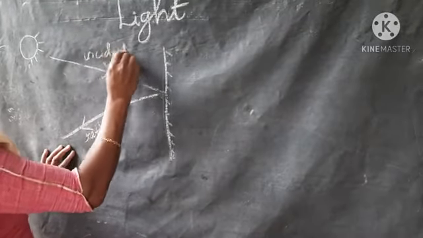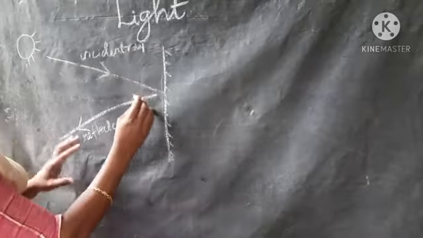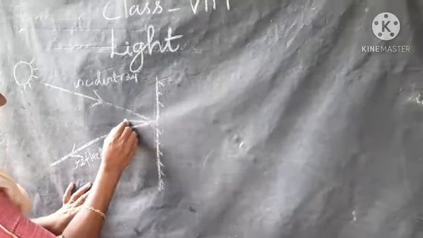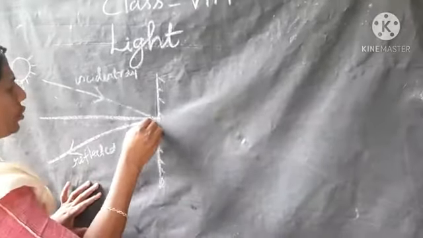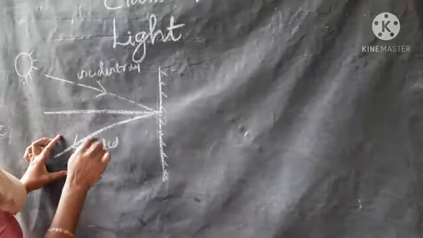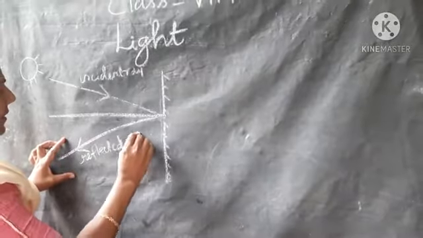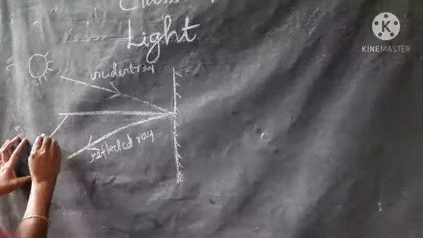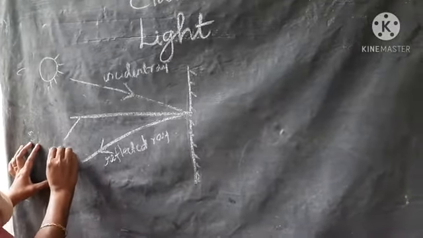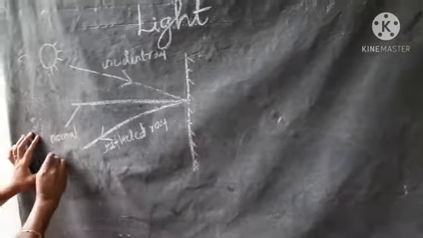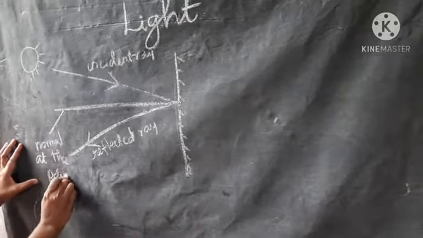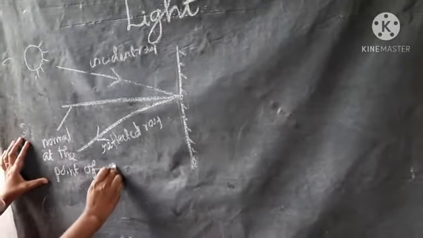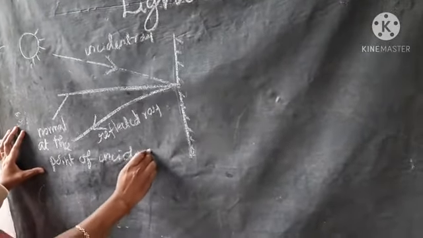The second one is to draw a perpendicular line, the line which is normal to the incident ray and reflected ray. This is called normal at the point of incidence.